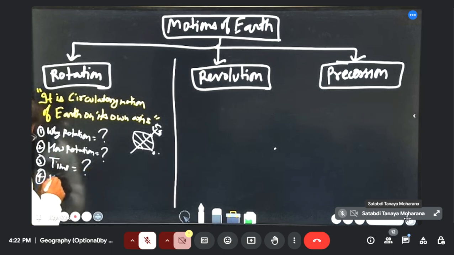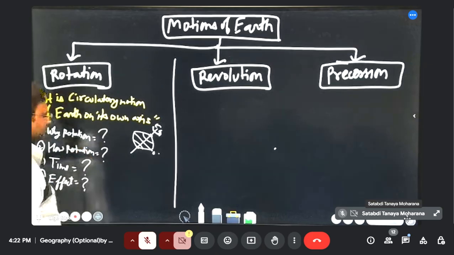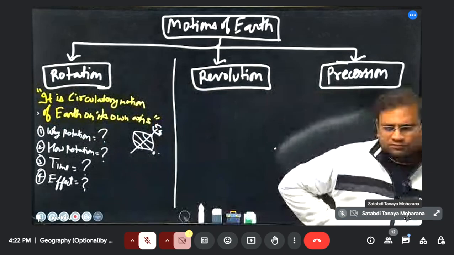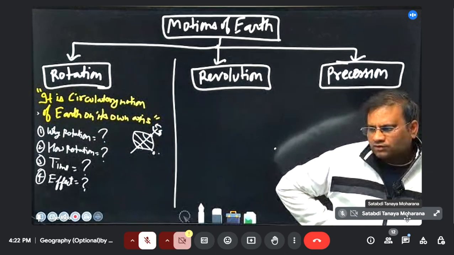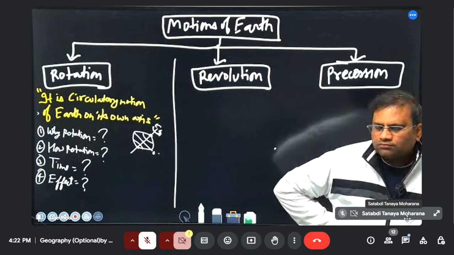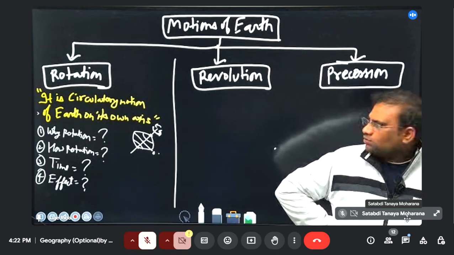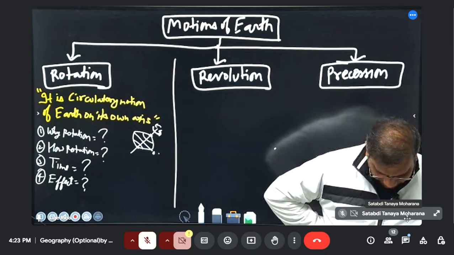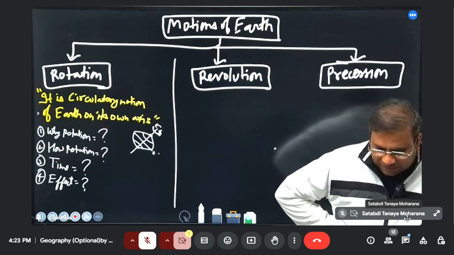Fourth, effect of rotation. Okay. So the first question is, why does earth rotate?